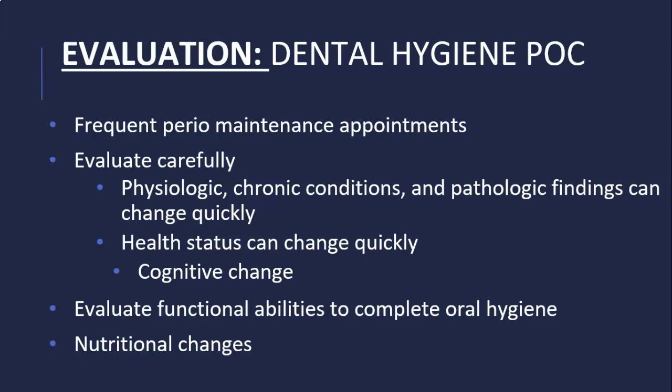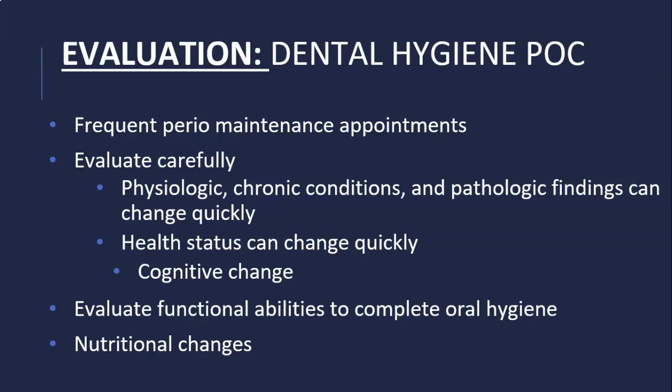And if someone starts to develop some kind of dementia or Alzheimer's, you can really help and advocate for that person with the family members. Say, "I'm worried that they're forgetting to brush, they're forgetting to do the things that are necessary, and I'm seeing these changes in their mouth." So you can be an advocate for your older patients in that manner.